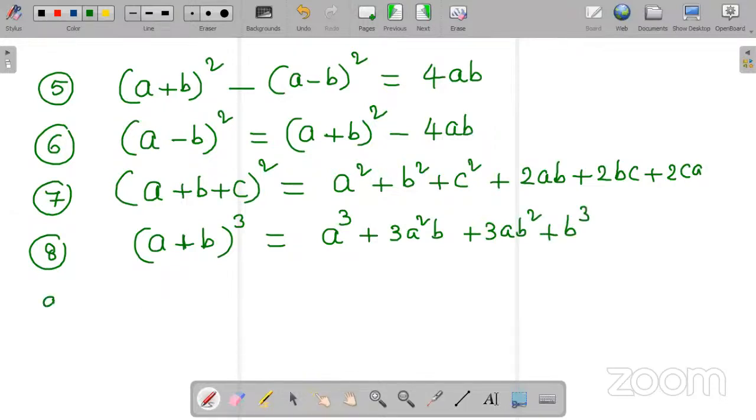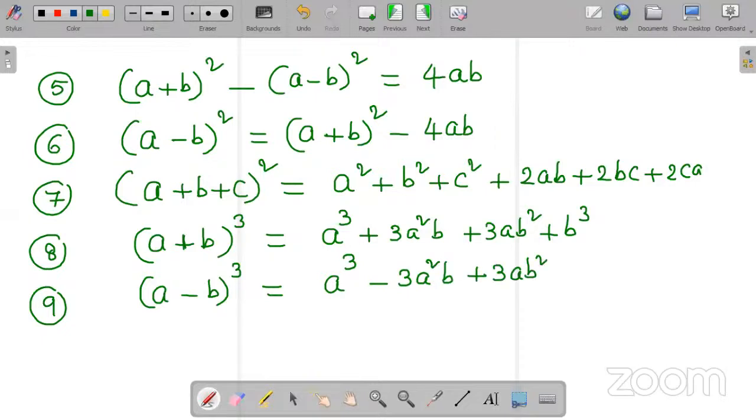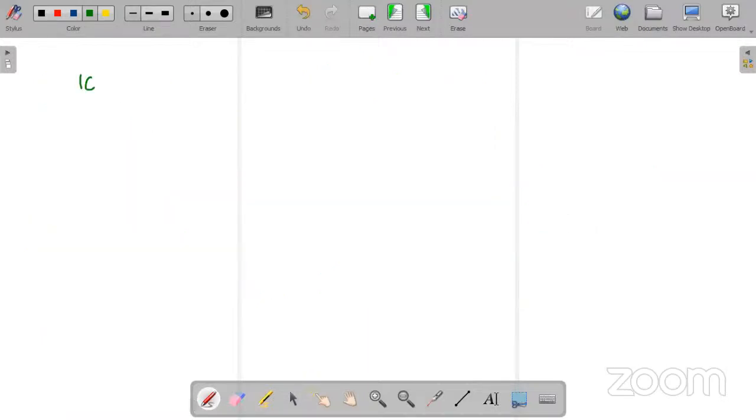So next, my dear students, remember this one, a minus b whole cube. So a minus b whole cube is a cube minus 3a square b plus 3ab square minus b cube. Okay, right. Next one. So next, remember this one.